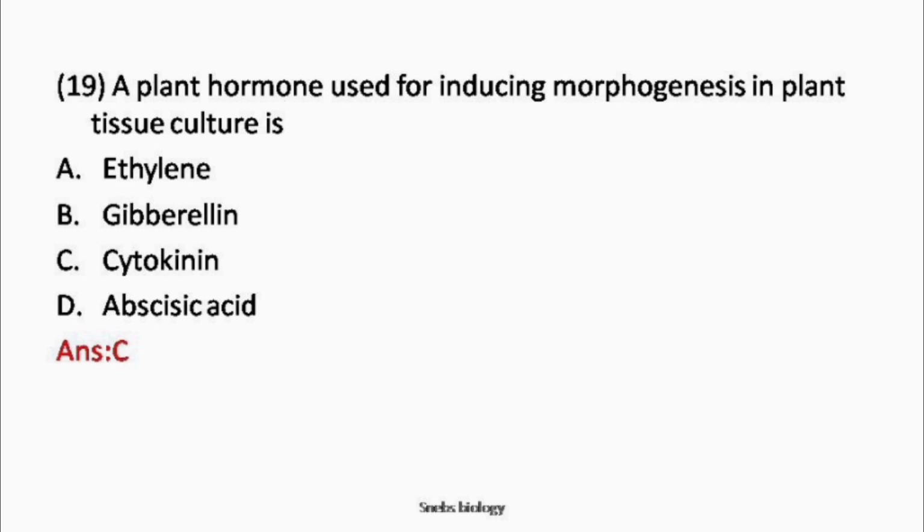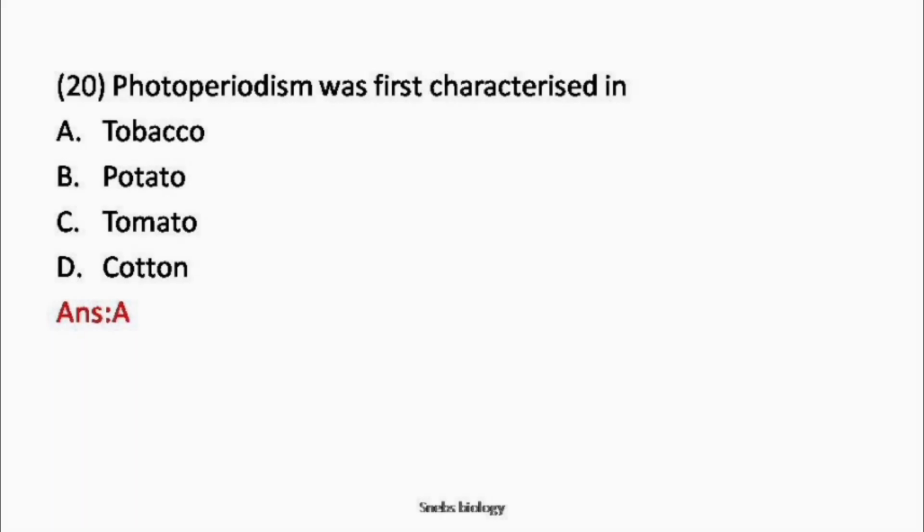Next question number 20. Photoperiodism was first characterized in option A, tobacco, option B, potato, option C, tomato, option D, cotton. So the phenomenon of photoperiodism was first discovered by Garner and Allard in tobacco plant.